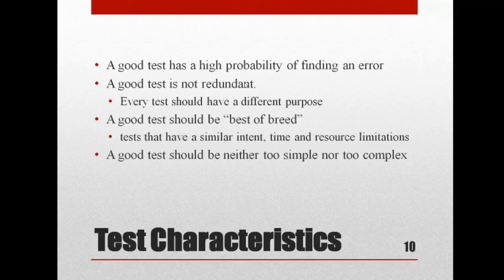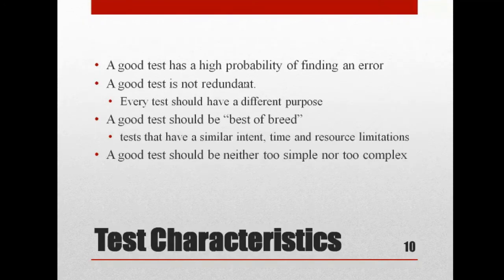Okay. Fine. Then a good test should be the best of breed, right? Tests that have a similar intent, time, and resource limitations. If there is a possibility that you can test in a group, that means in parallel you can execute 4 tests, 5 tests, then you can do it, because you will be able to complete the testing as early as possible and also identify the errors, because testing time should be very less.